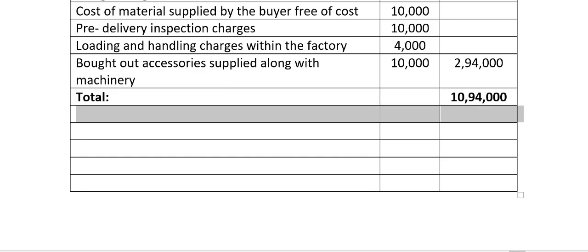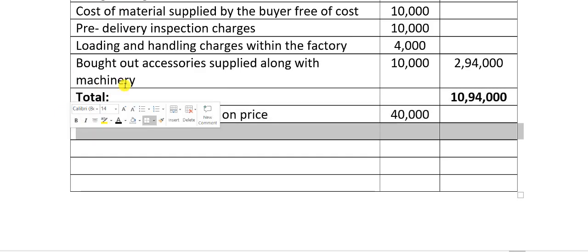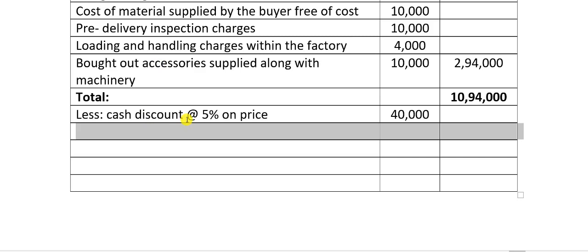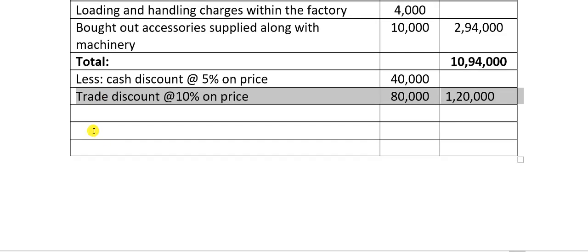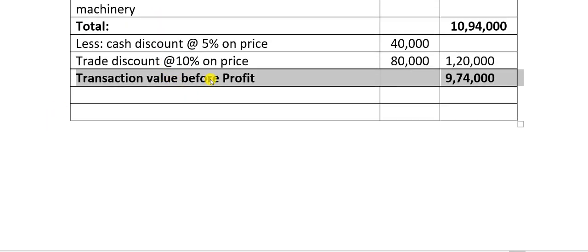After this, you go for the discounts given: cash discount, 8 lakh into 5% is 40,000, and trade discount, 8 lakh into 10% is 80,000. Transaction value before adding the profit margin is 10 lakh 94,000 minus 1 lakh 20,000, so 9 lakh 74,000.